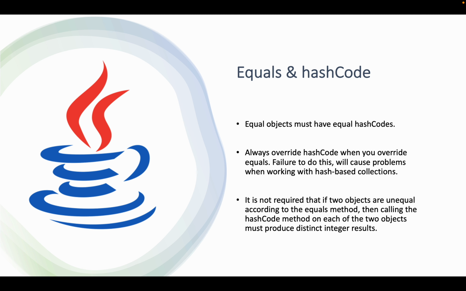Then comes the issue of hashCode collisions, where you find that, especially when you're dealing with hash maps, two objects that are completely different have the same hashCode, which actually puts them in the same bucket. There is a way we will deal with that when we are dealing with collections, to see how the hash map implementation deals with collisions.